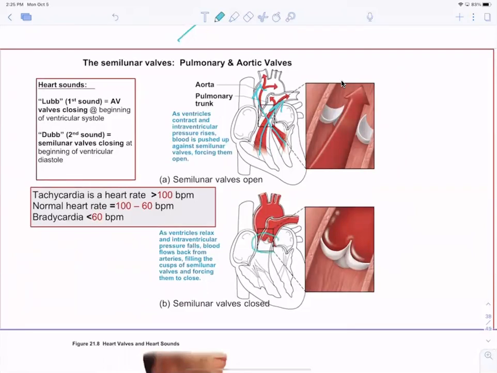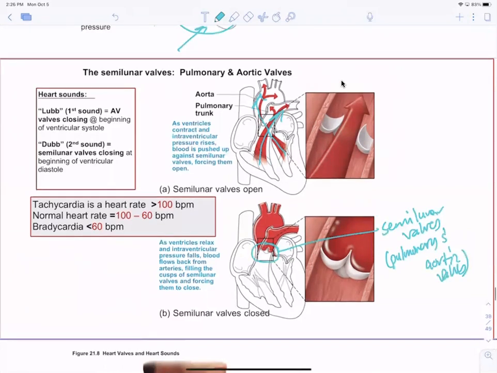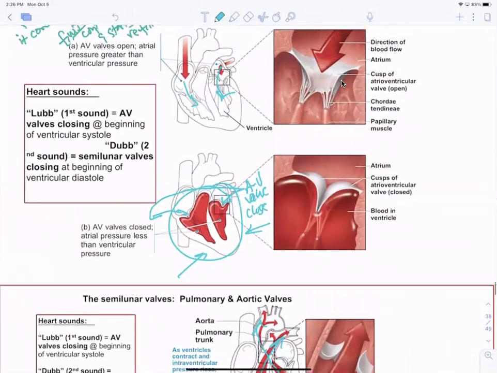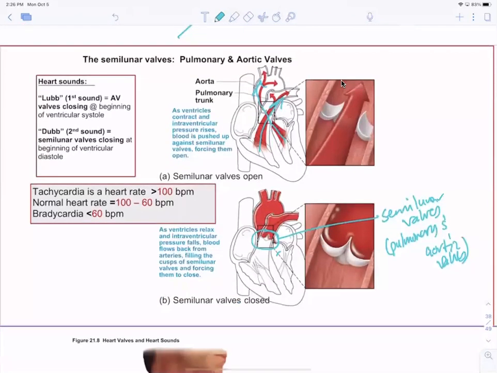After that happens, the semilunar valves close, which are the pulmonary and aortic valves. And they close, and then you go back to here where the heart starts to refill with blood. So this would be the second heart sound.